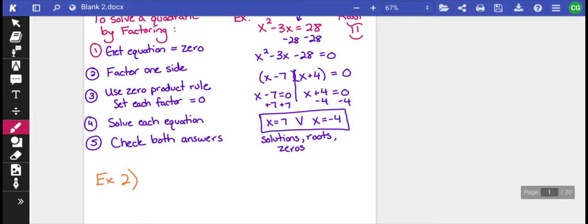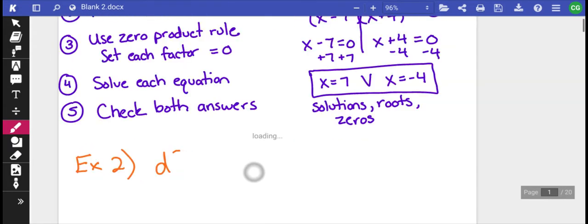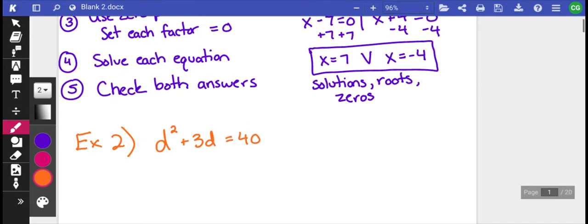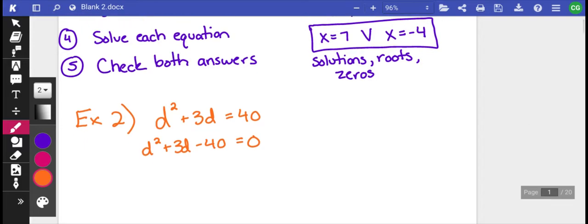All right, so my second example: d squared plus 3d equals 40. Again, let's get this equal to 0 by subtracting 40 from both sides. Now I'm going to factor.